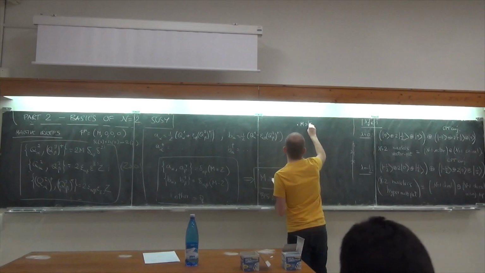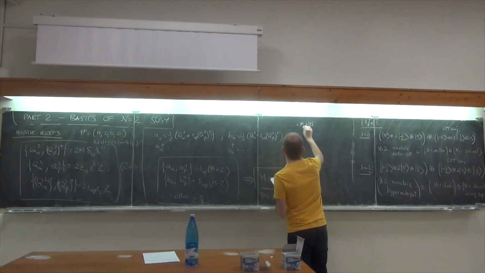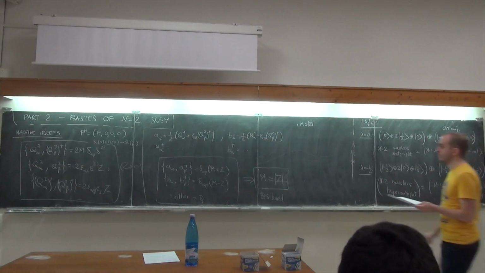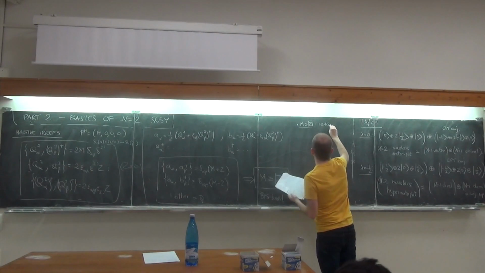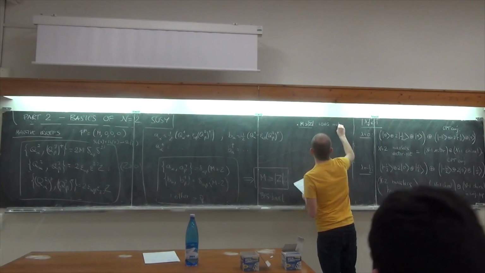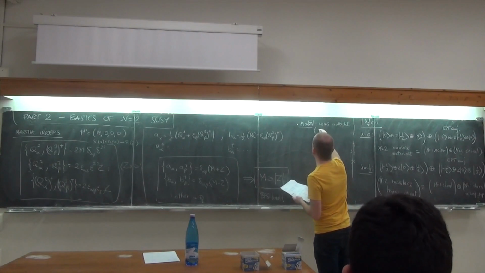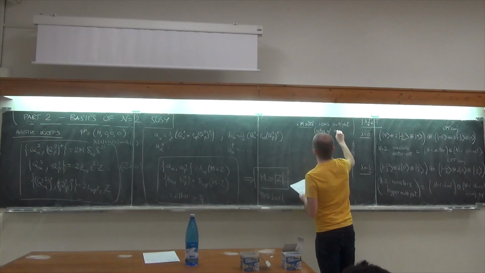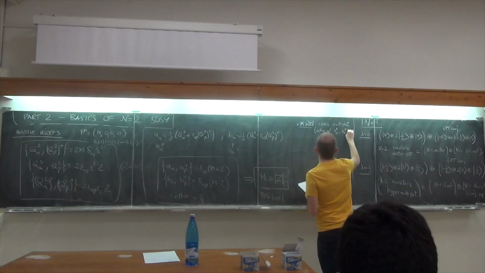One is suppose that we do not saturate the BPS bound, so the mass is strictly larger than the absolute value of the central charge. So then what we have is we can construct a multiplet, the so-called long multiplet, which is obtained by acting with A dagger alpha and B dagger alpha.